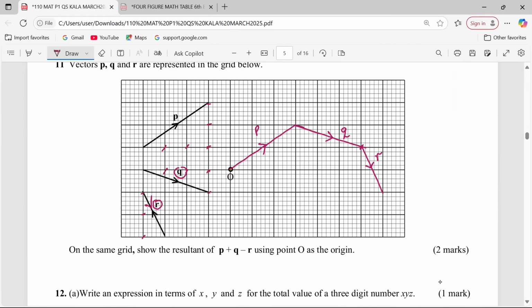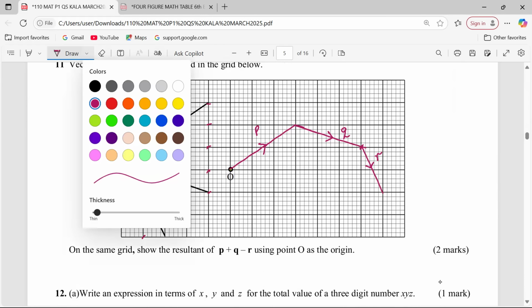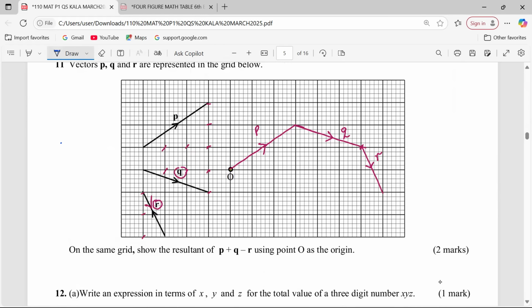So with all this now, we can summarize the whole vector. Though we are already done, we can tell ourselves that P plus Q minus R is now generally the final displacement from where we started to where we are ending.